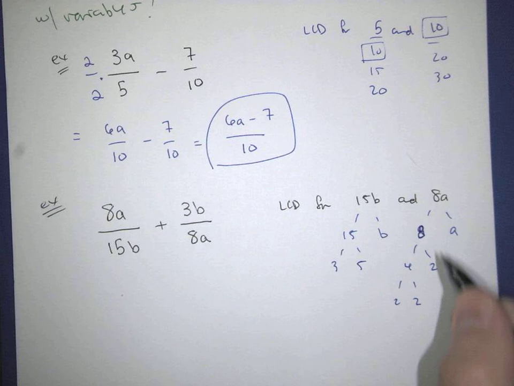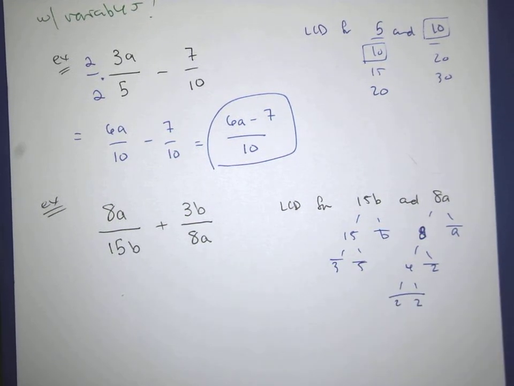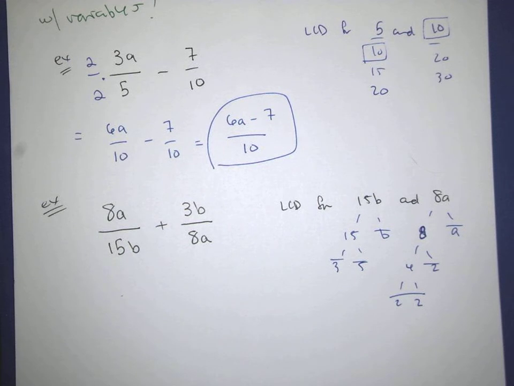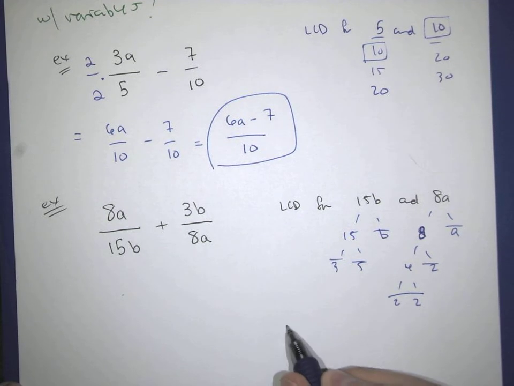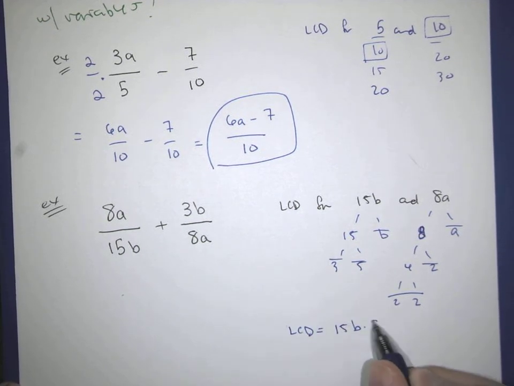So if we go down to the ends of each of these, there are just no common factors at all. So 3 times 5 times b, 2 times 2 times 2 times a. There's no common factors, so that means our LCD is just going to be the product of these two, 15b times 8a.